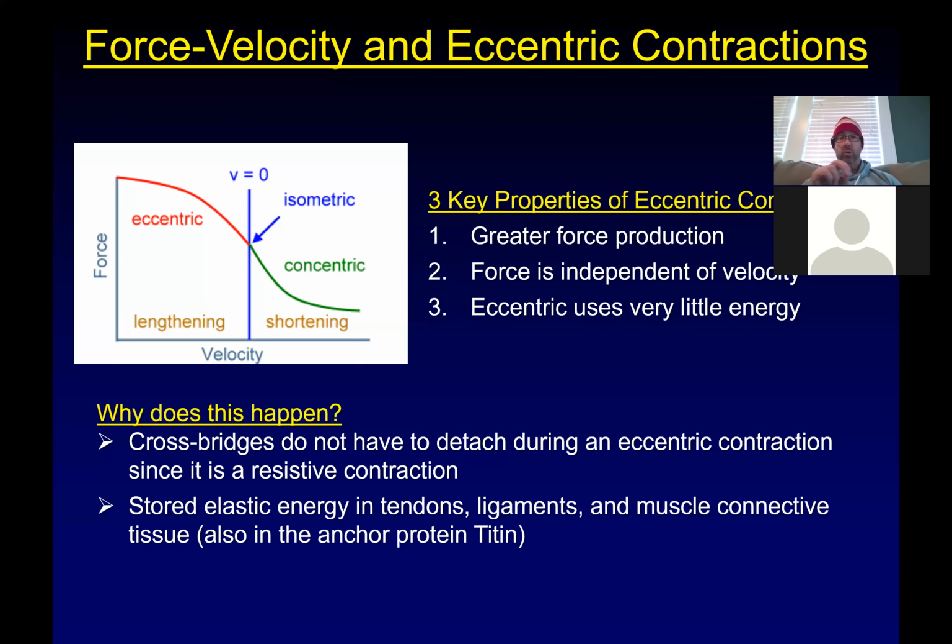The reason that's the case is that during eccentric contractions, we can engage a cross bridge, and for the most part, we don't ever have to break that cross bridge apart. Because of that, we maintain force production, and eccentric contractions don't cost us very much energy.